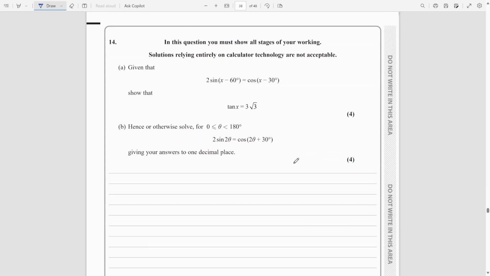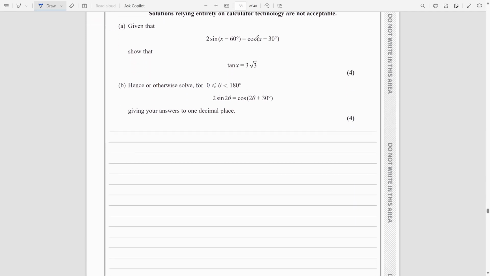Question 14. In this question, you must show all stages of your working. Solutions relying entirely on calculator technology are not acceptable. Okay, given sin(x minus 60) equals cos(x minus 30), show that tan x equals that. So we're going to need to use the addition formula here. So 2 of sin(x plus 60).